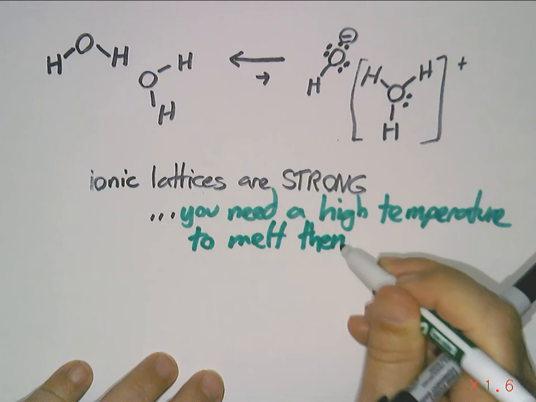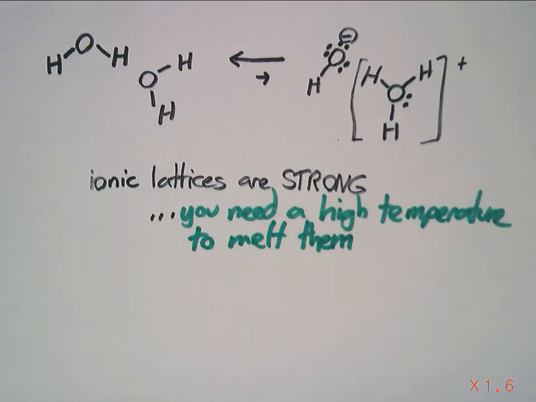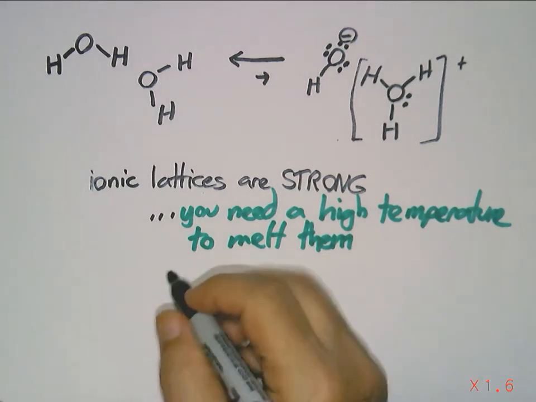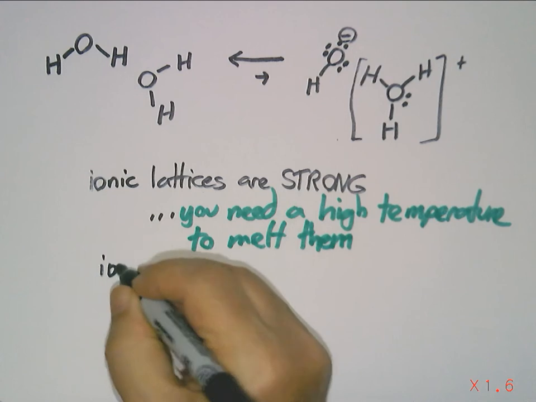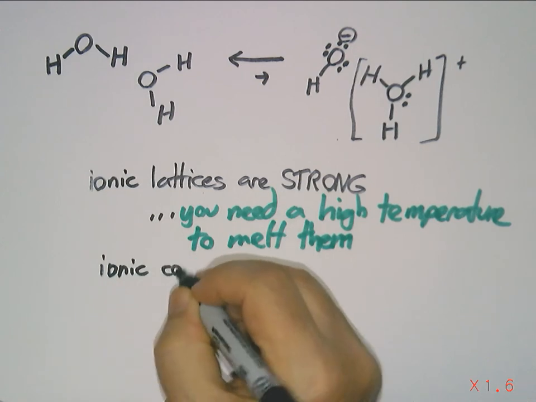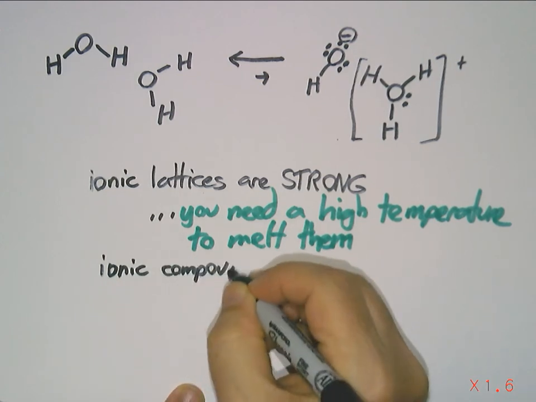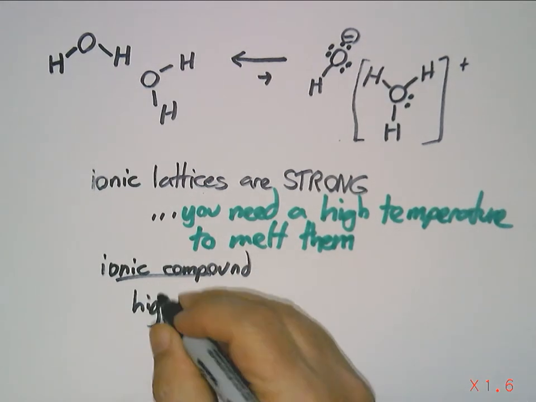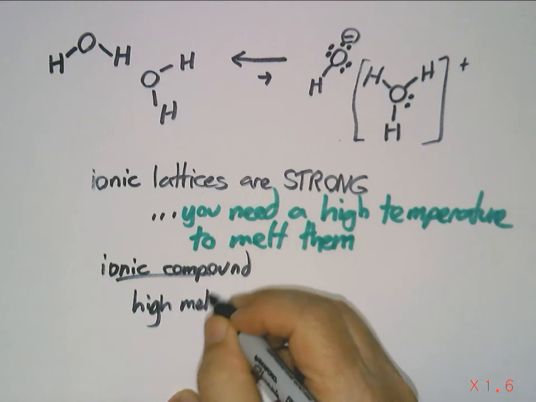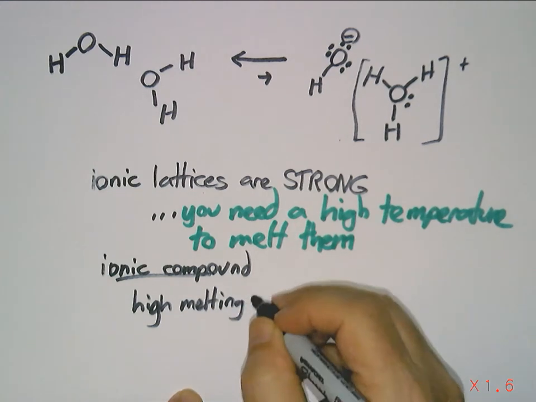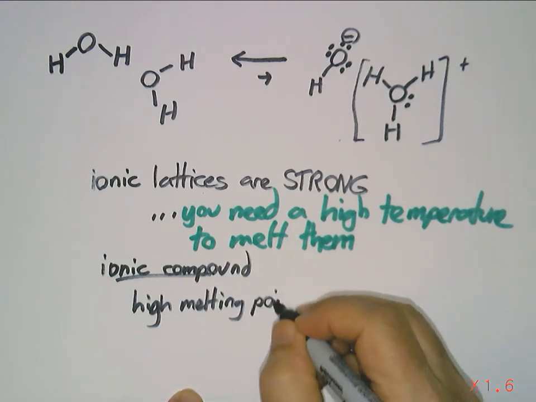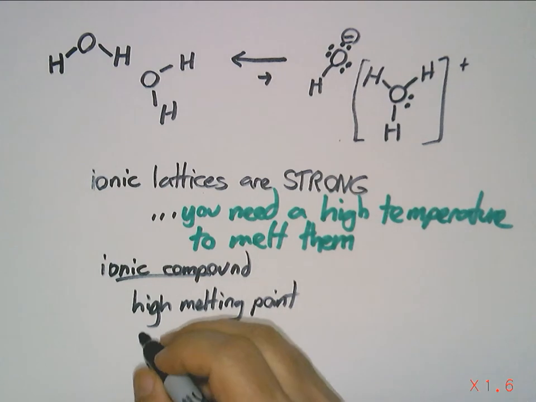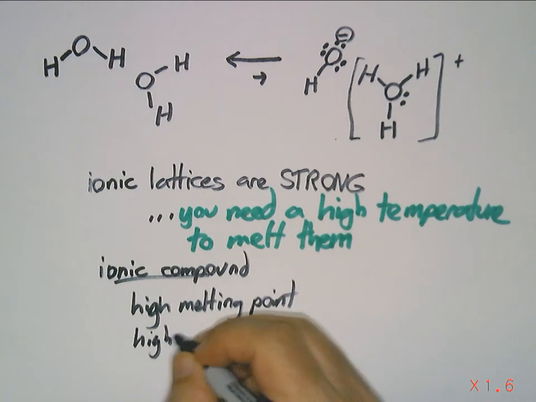Because when you melt it, you're prying the ions away from each other so that they can slip past each other. And we can say that if you've got an ionic compound, it's got a relatively high melting point. That's the temperature that it melts at. It will have an even higher boiling point.